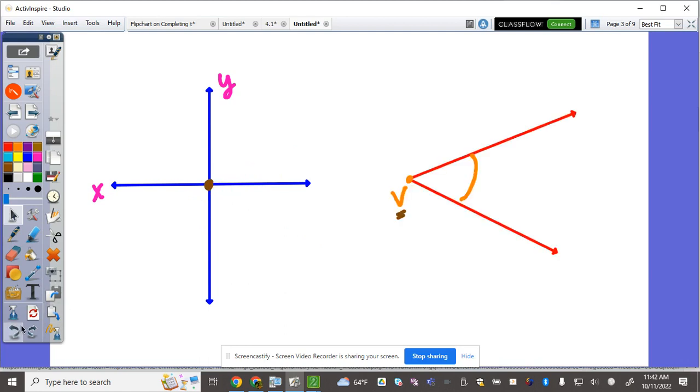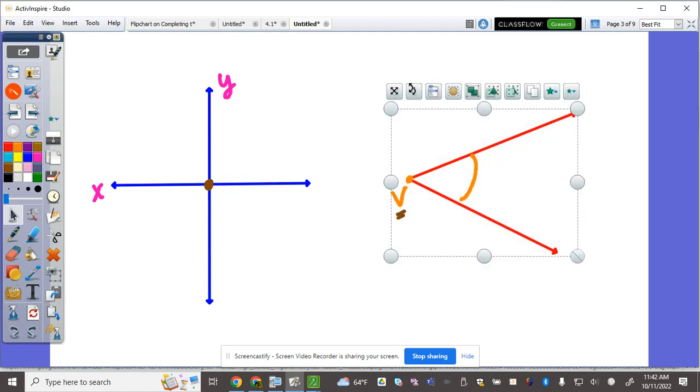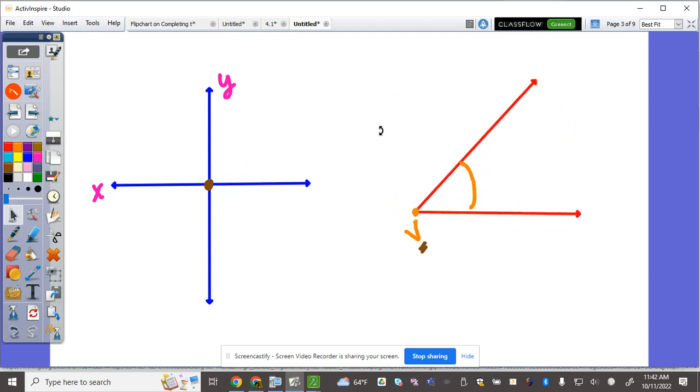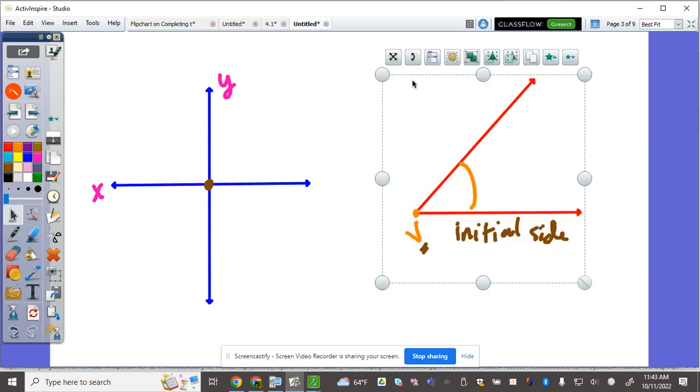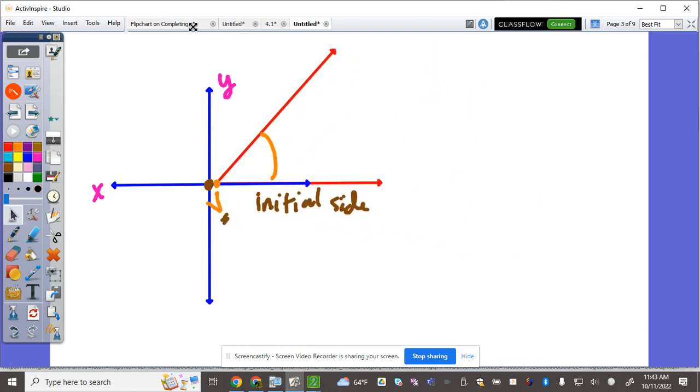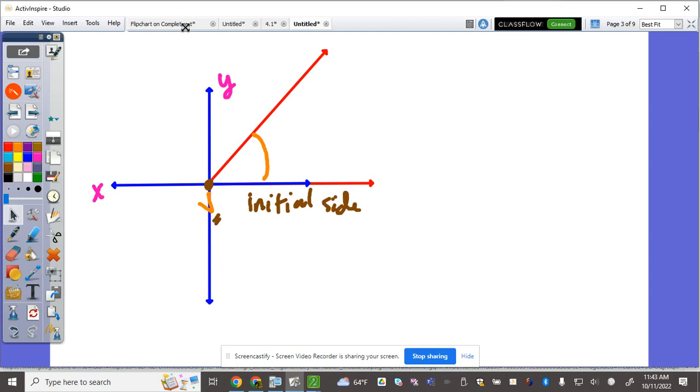And what if at the same time, one of its sides, let's say this is the initial side, starts or lies exactly on the positive x-axis. There you go. Now, what we have formed here is a standard position of an angle in trigonometry.